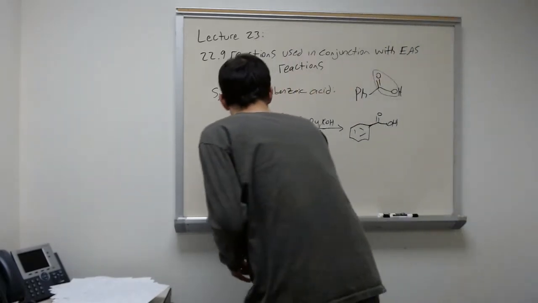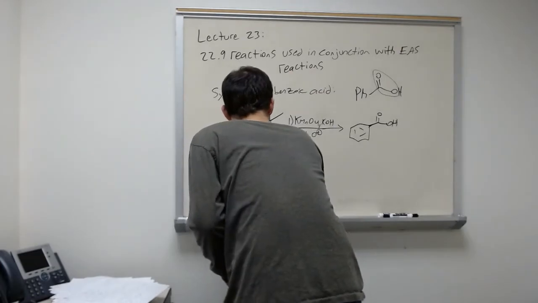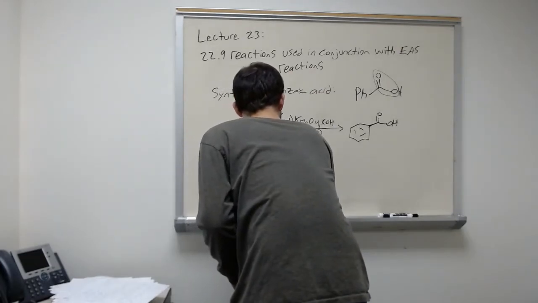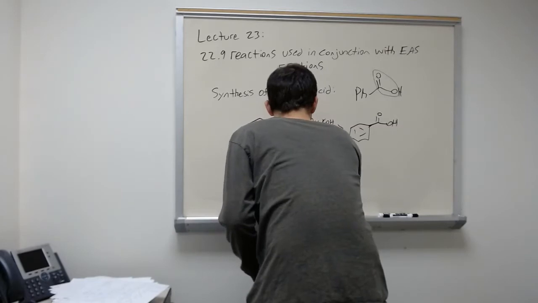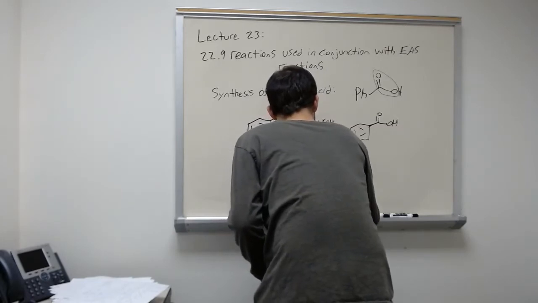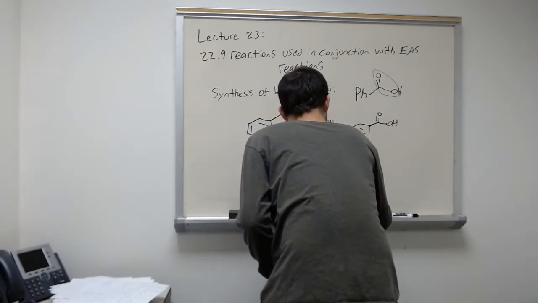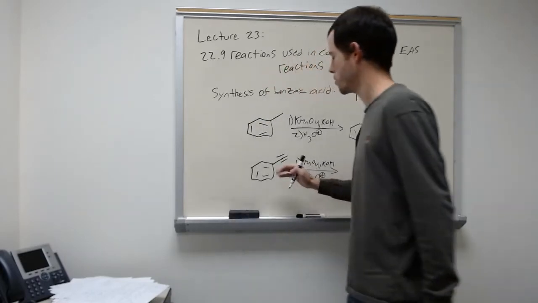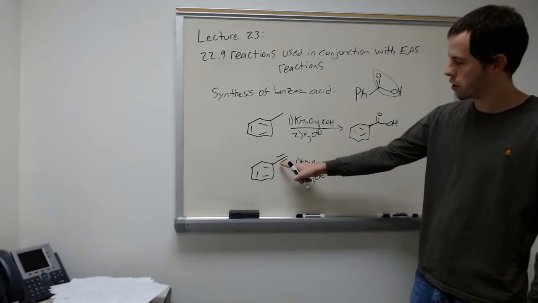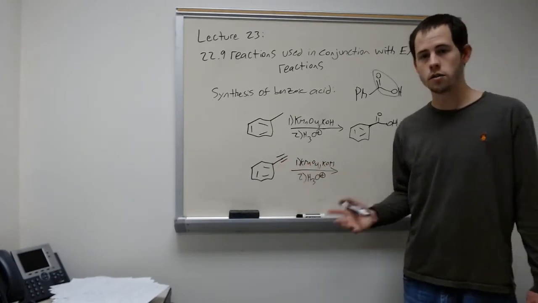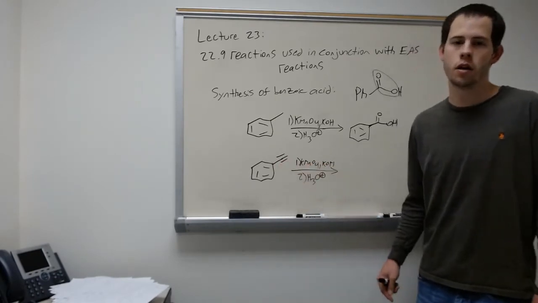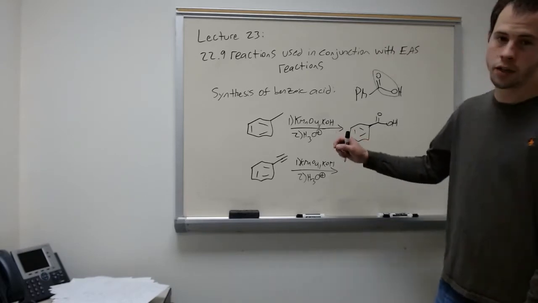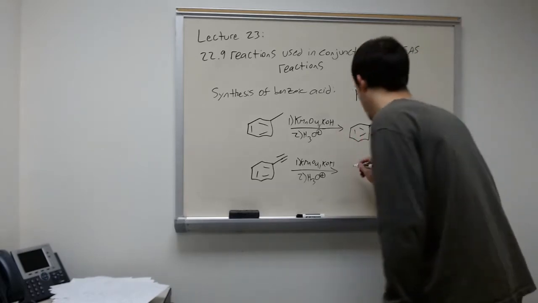So even if we have something like this, where our benzylic carbon is part of a pi bond, it's part of two pi bonds in fact, in this molecule, we still get oxidation to the benzoic acid.